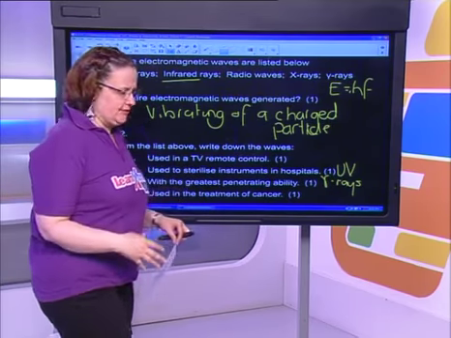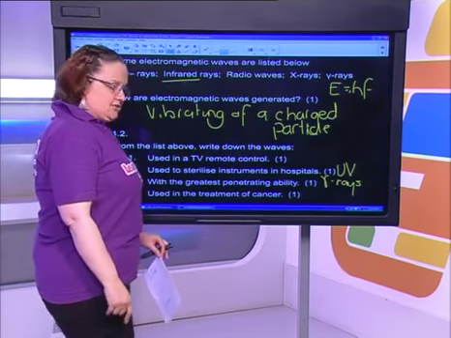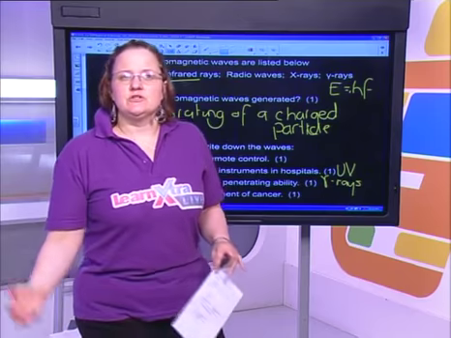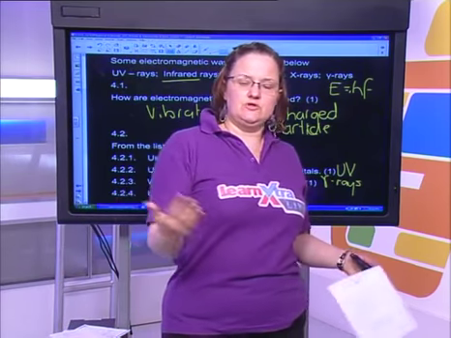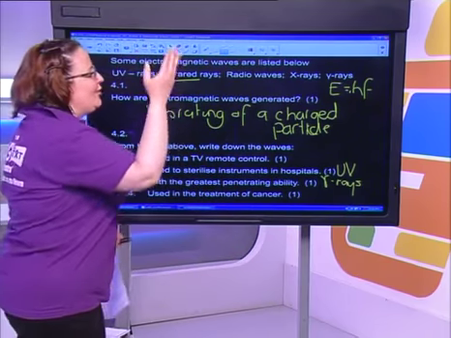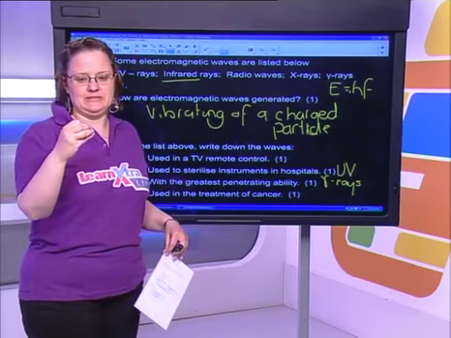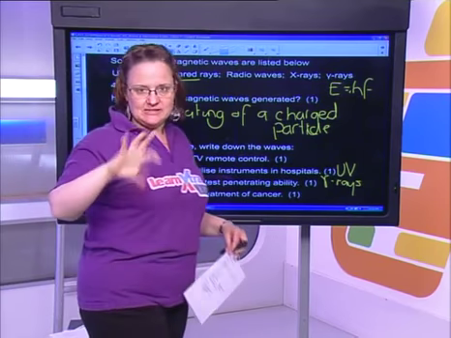They are extremely dangerous. But at the same time, it's also the answer to 4.2.4, which asks, which one of these are used in the treatment of cancer? Gamma rays, okay? We use gamma rays because of their penetrating ability and because they kill cells.